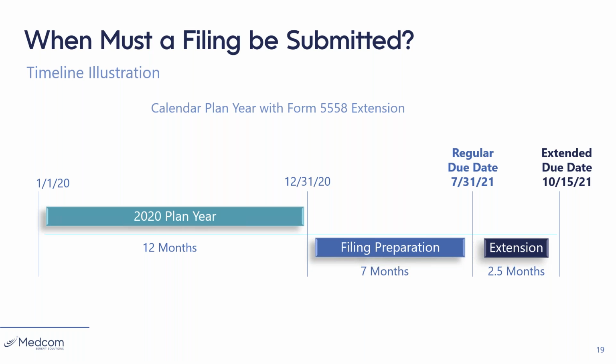So for this particular scenario, you have a calendar year 2020 plan. It was due 7/31 and we extended it to 10/15. On October 16th, the filing was not filed timely. The late fee would be assessed back to July 31st. So that's a really important aspect.